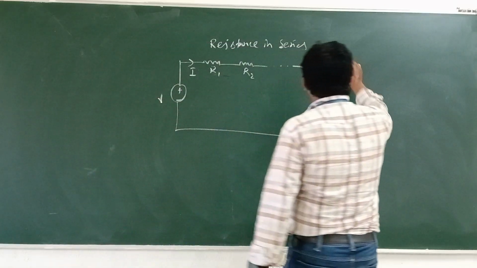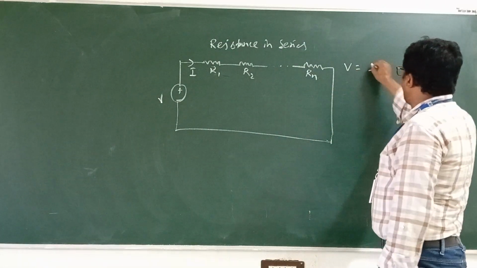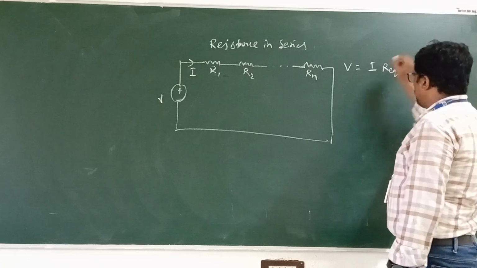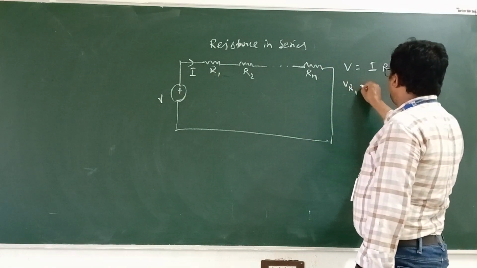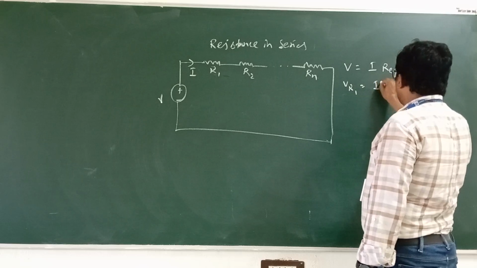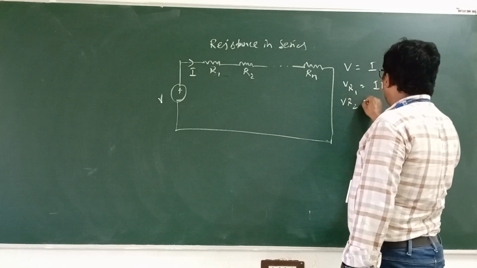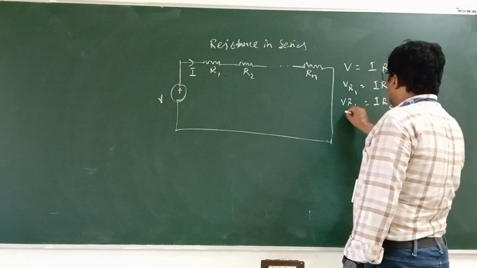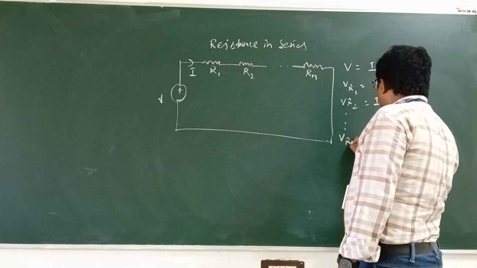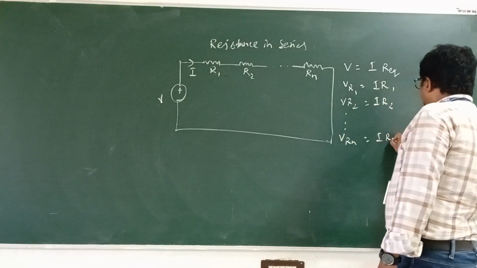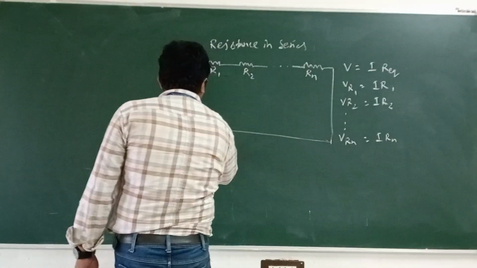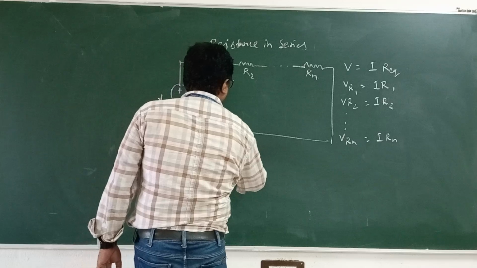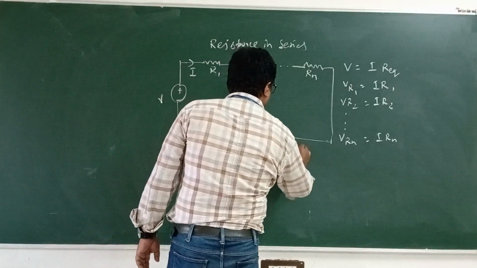So the total voltage V equals I into R equivalent. Voltage across R1, V_R1, equals I into R1, V_R2 equals I into R2, and similarly V_Rn equals I into Rn. If we add all the voltages, that is equal to the total voltage V, so V equals V1 plus V2 up to Vn.